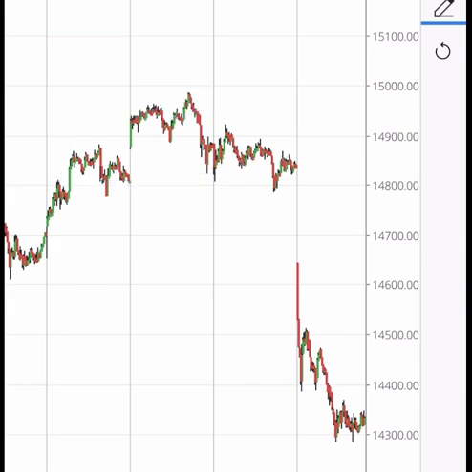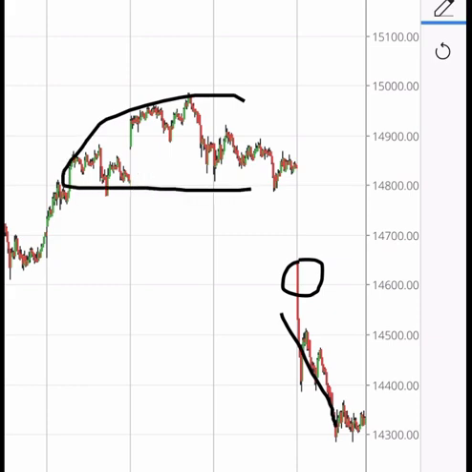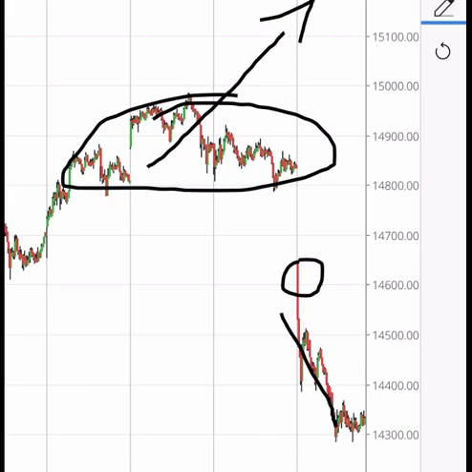So there are lots of people who are going long, who think that the market will go up, and lots of people are also shorting the market, who think that the market will go down. So on this day when the market opened with a huge gap down, the market fell. The reason is these people who went long here, who bought the market thinking it will go up, faced huge losses once the market opened with a huge gap down.